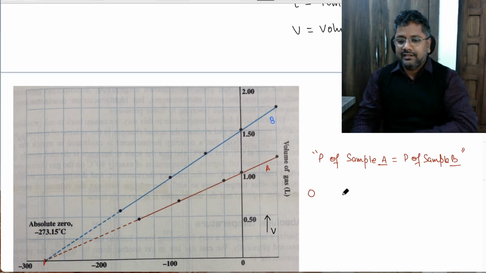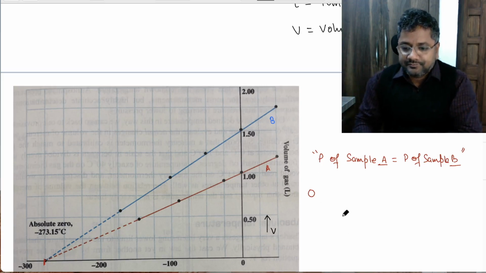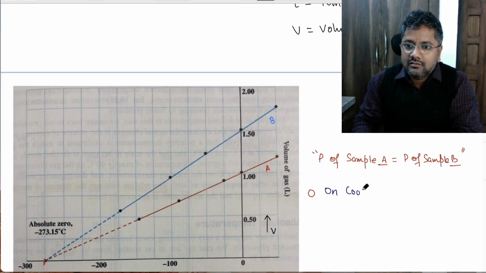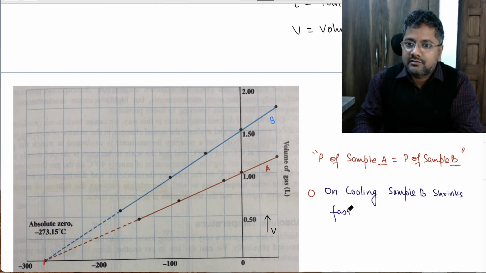So you can write here that on cooling, sample B shrinks faster than sample A.